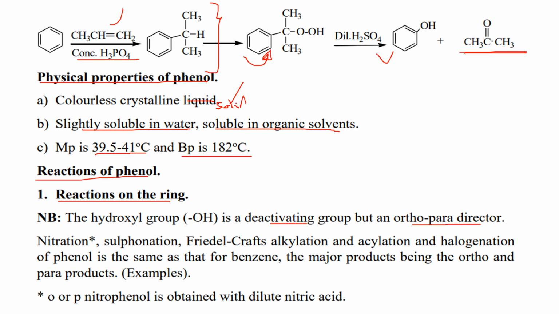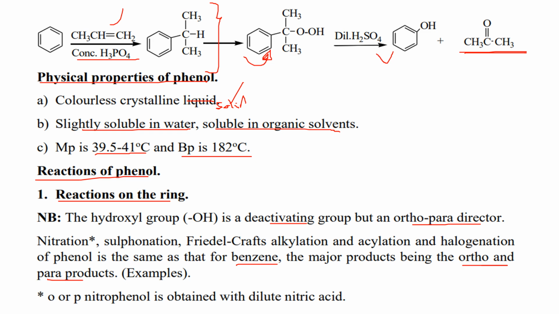Nitration, sulfonation, Friedel-Crafts alkylation and acylation, and halogenation of phenol are going to happen the same way as for benzene. That means that the same mechanisms we did for benzene are the same mechanisms that you are required to do here. But here, you just need to know the position to which the electrophile is going to get to. So I'm saying that the major products are going to be ortho and para products.